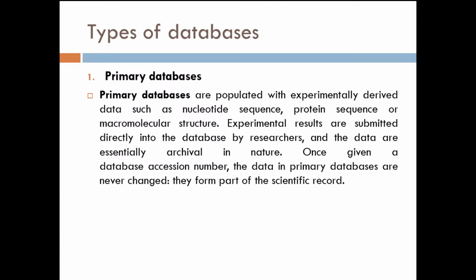So primary databases, I told you, are those databases which accept sequences directly from the researcher. Suppose you are the researcher, you can submit your sequence to any database. Those databases allow the user to directly submit their sequence, just like on Facebook, where whatever pictures, stories or videos you have, you can directly post.